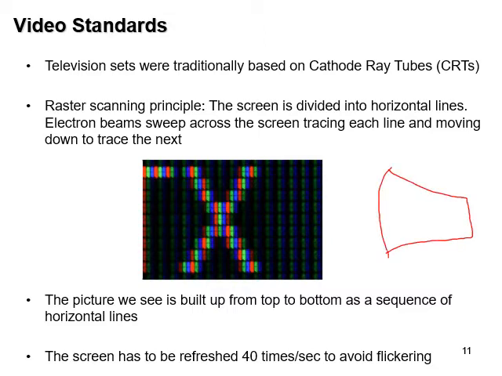Here this is the screen, and inside the back of the TV is the cathode ray tube. What's the cathode ray tube? It's a tube that produces an electron beam that goes and hits the surface of the screen. So what's the function of this? If we zoom in on a screen, this is how it would look.